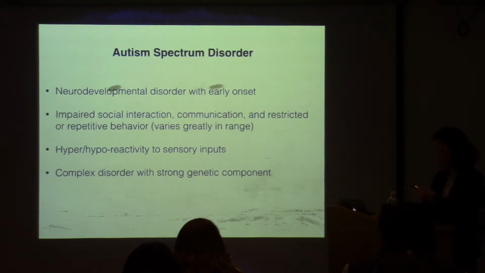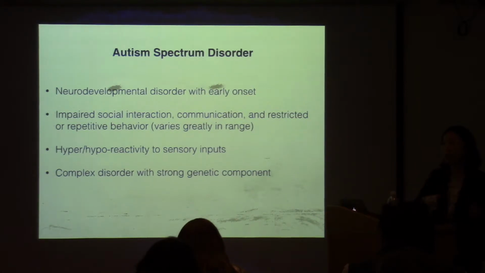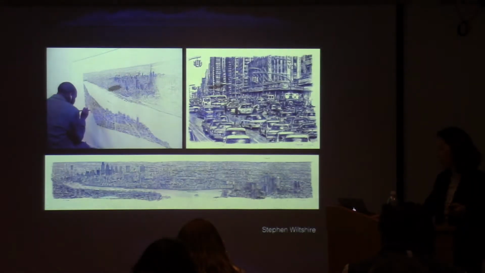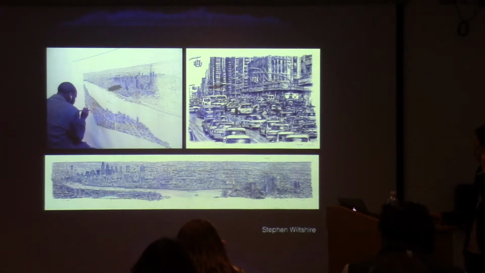And among the people who are on this spectrum, few of them are savants, meaning that they show genius intelligence in a very particular area. And some of them show genius in art. So this is a very famous example. His name is Stephen Wiltshire. His obsession is in cars and architecture.